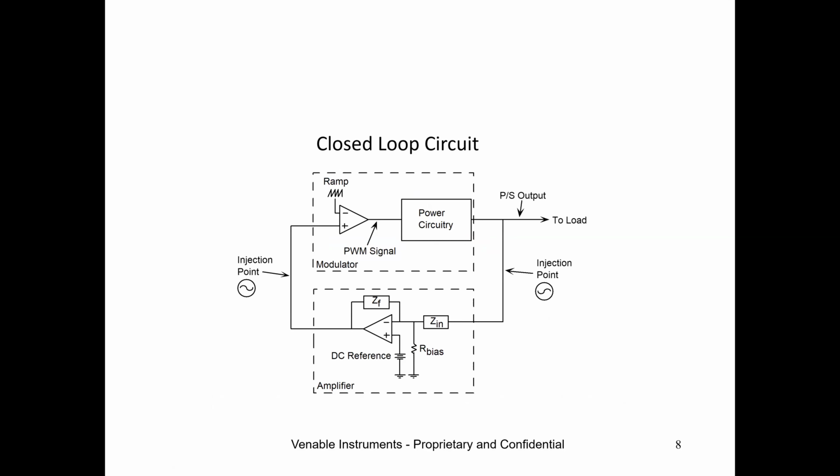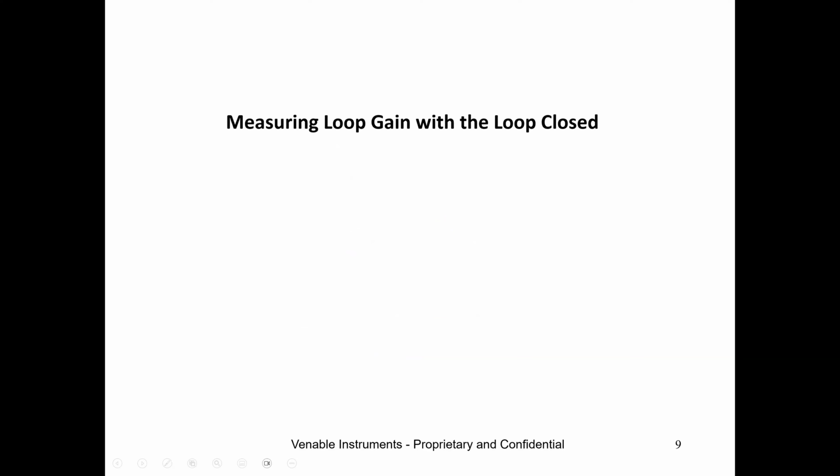That's where you inject your signal. And once you've got that correct injection point, you can measure any part of the feedback loop, such as the power stage itself, the error amplifier, or the entire feedback loop.